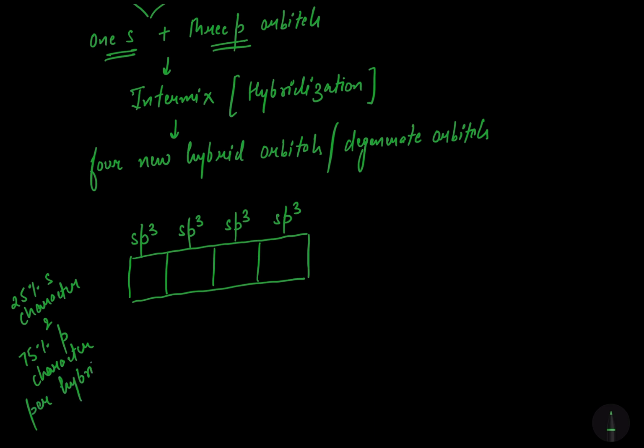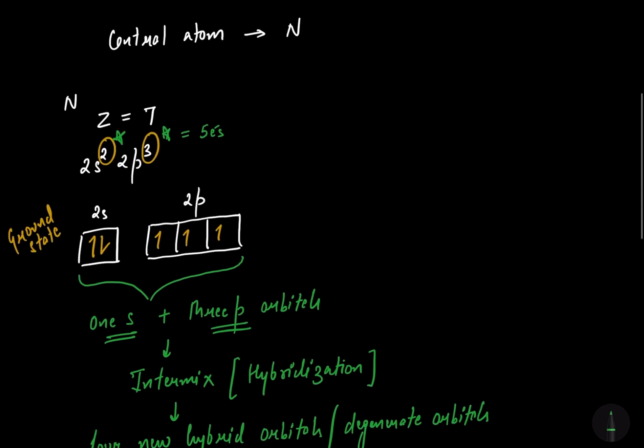That's why we got the hybrid orbital, and its name will be sp3 hybrid orbital. And we got total of 4 hybrid orbitals, and all the 4 hybrid orbitals will be named as sp3 hybrid orbitals. Now in these 4 sp3 hybrid orbitals, we have to redistribute these 5 electrons.